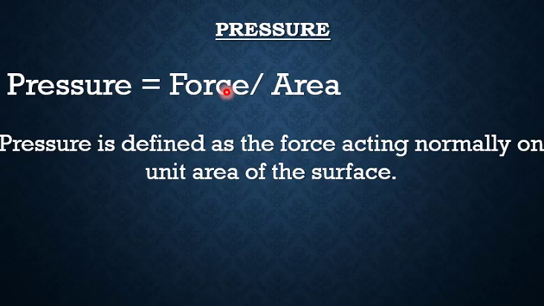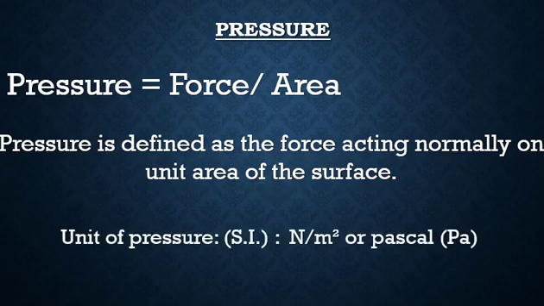Thus pressure is defined as the force acting normally on unit area of the surface. At the same time, we have learned that the force acting normally on a surface is known as thrust. So pressure can also be defined as thrust by area, that is, the thrust acting on unit area of the surface.